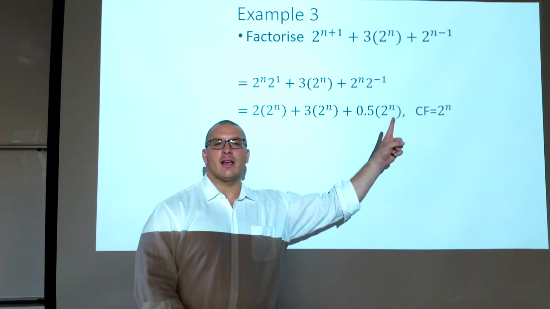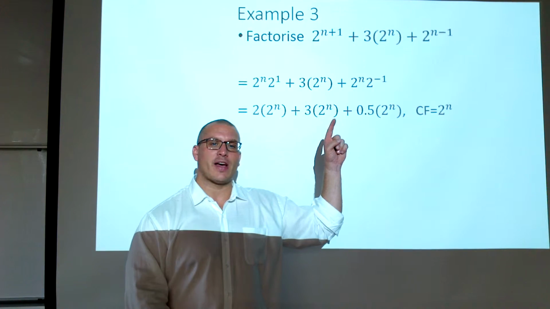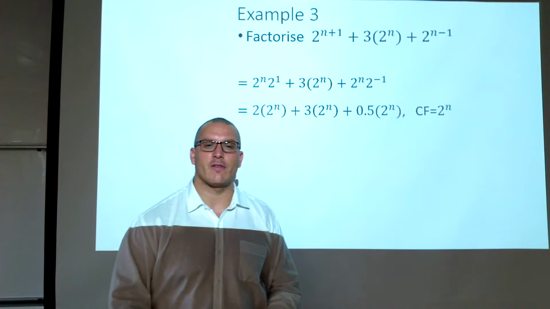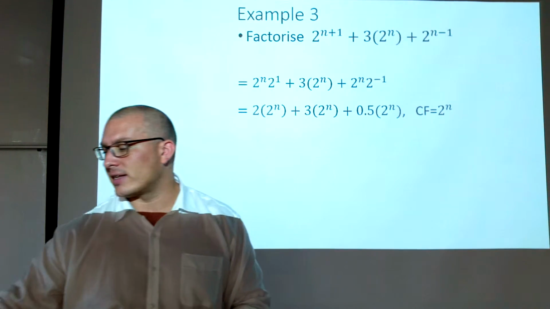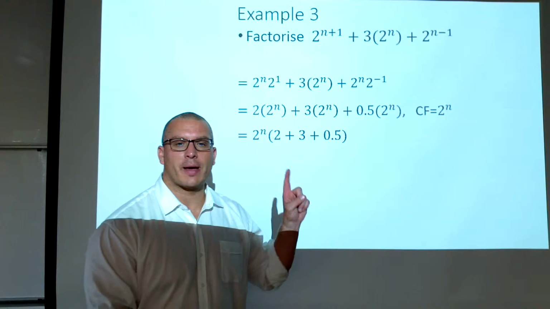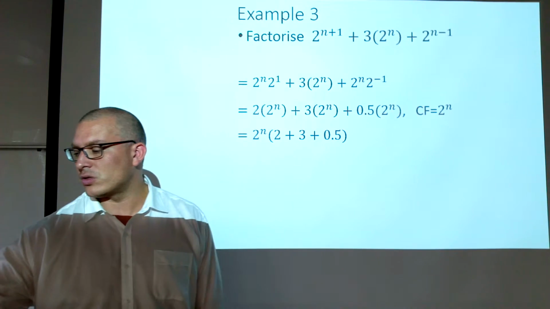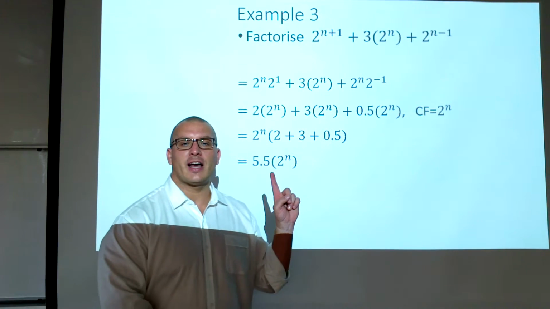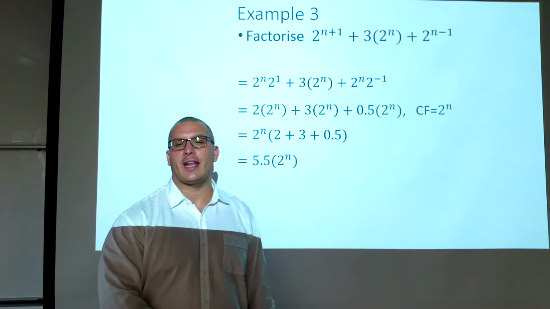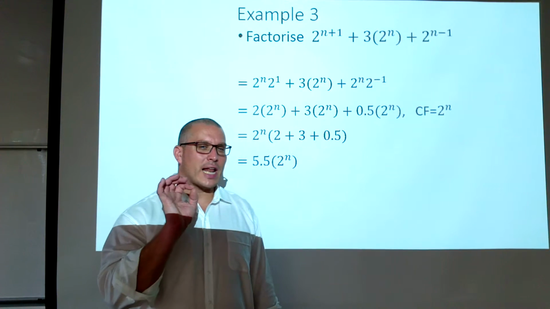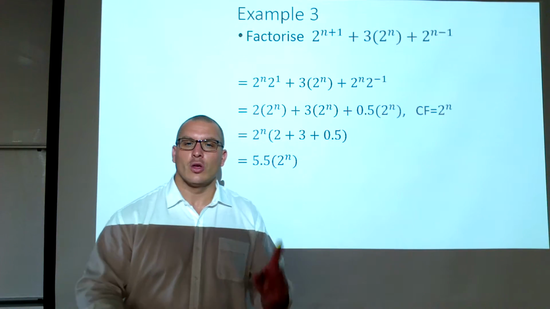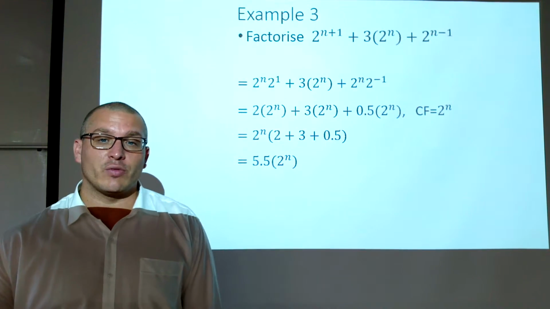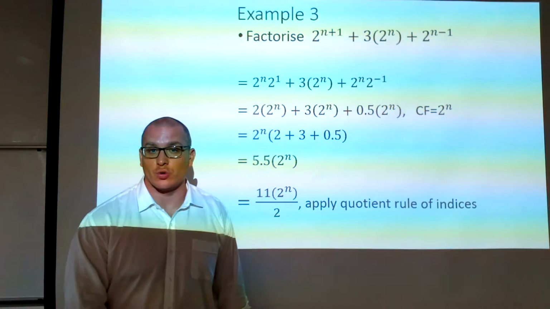As we can see, the common factor is 2 raised to the power of n. We can take all that out, giving us 2 to the power of n plus all these values, which is 5.5 times 2 to the power of n. But we can actually go a little bit further. 5.5 can be rewritten as 11 over 2.